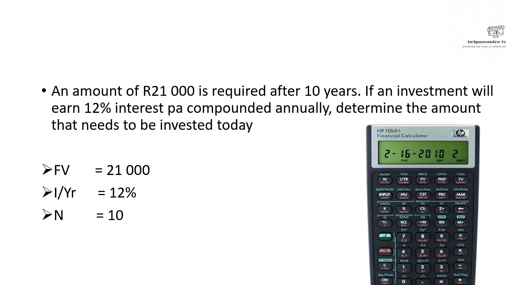Now that's everything that we're supposed to have in this question. I want to see if you guys have been following. Can someone switch on their mic and tell me what the present value is?